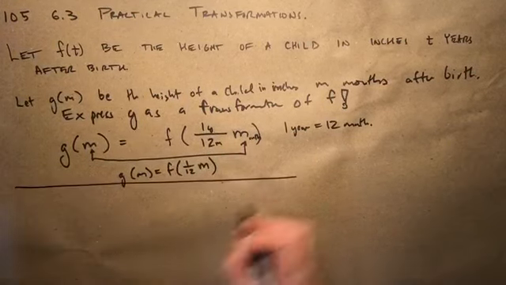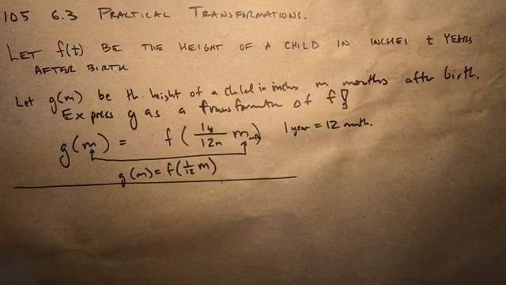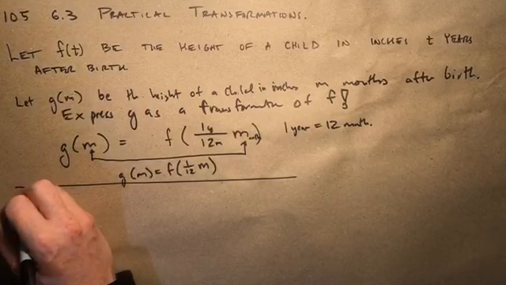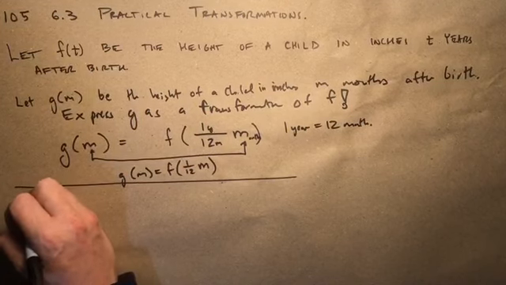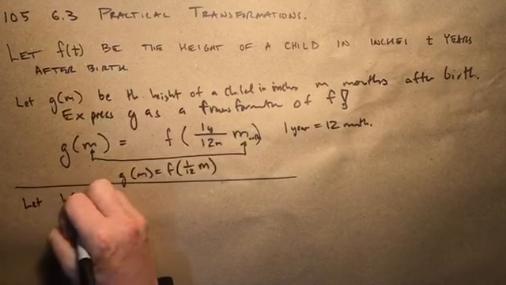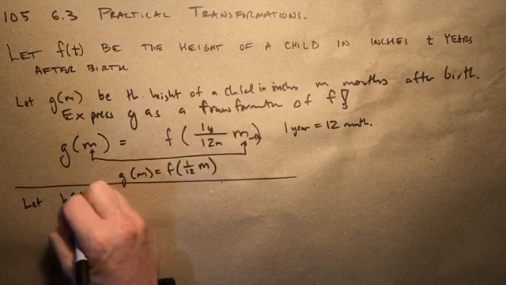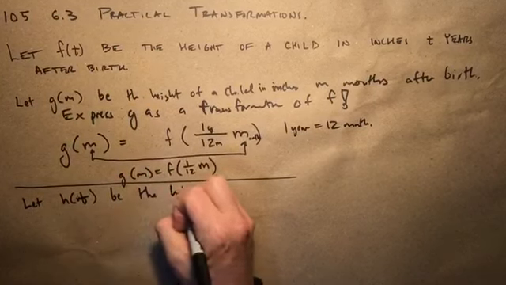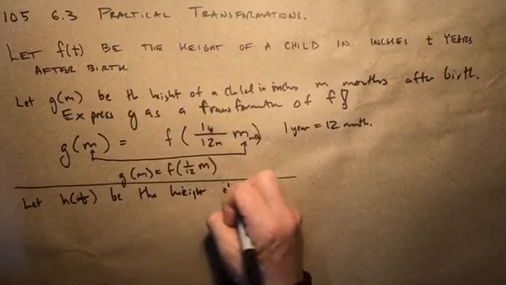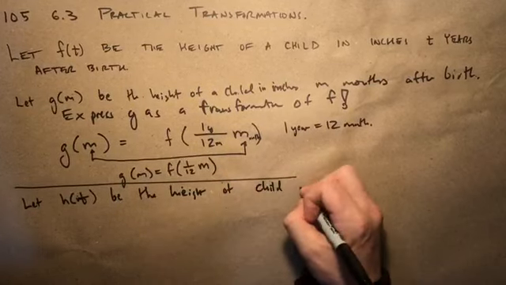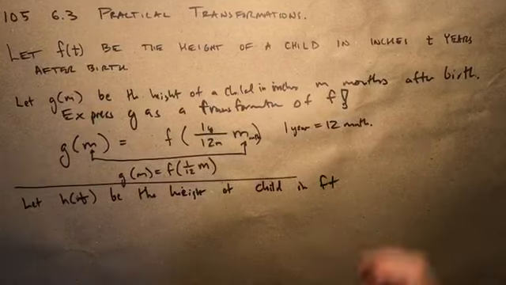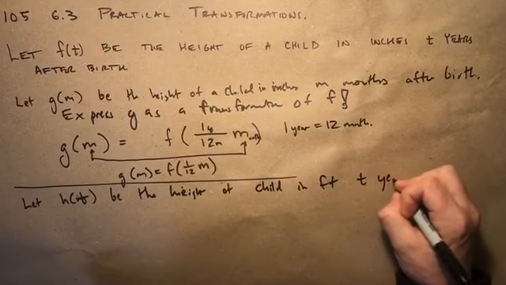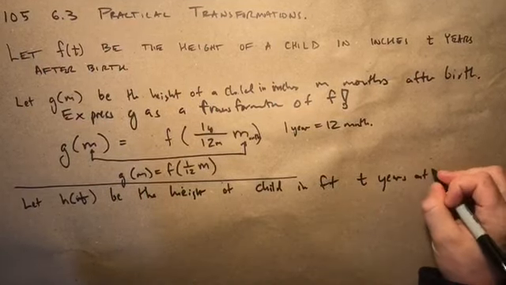Let's do another problem. Let's say I have a friend who says that the height of their child is fine. Let h of t be the height of a child in feet t years after birth.